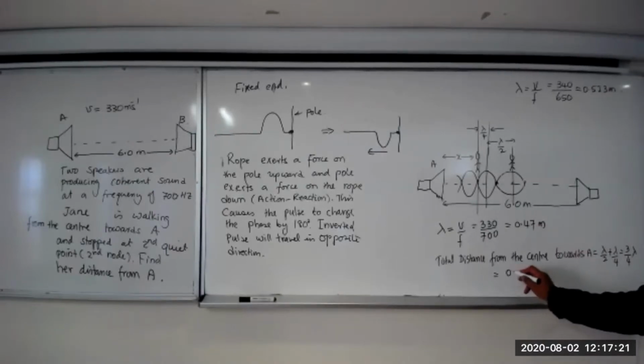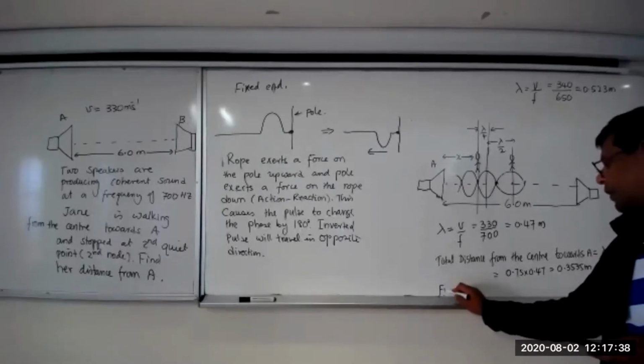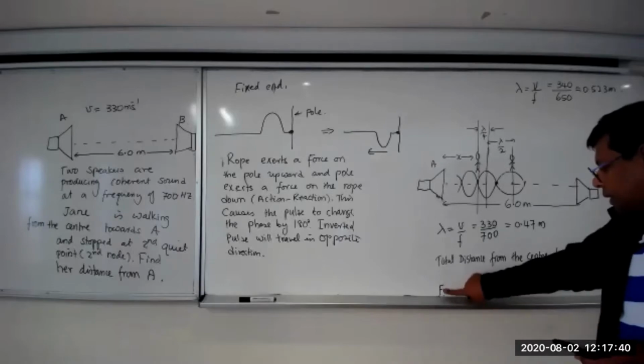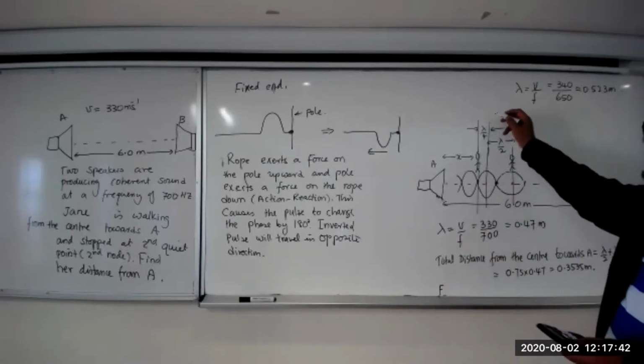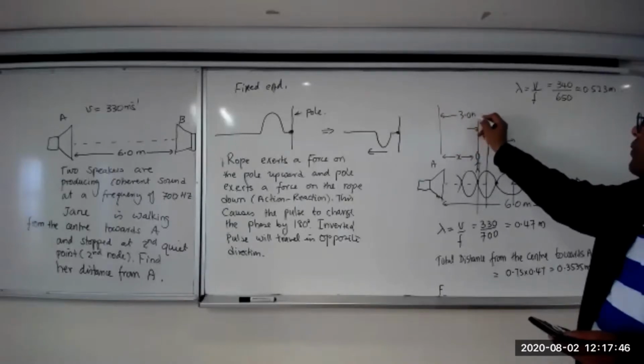That's from the center. That's 0.35 from the center. So the distance from A, the center is 3 meters halfway through.